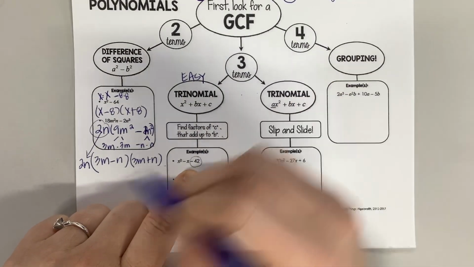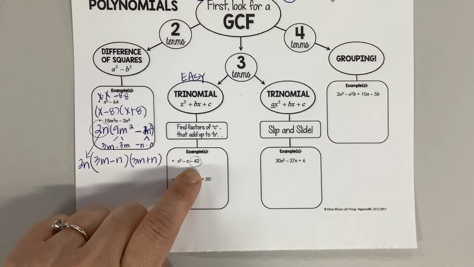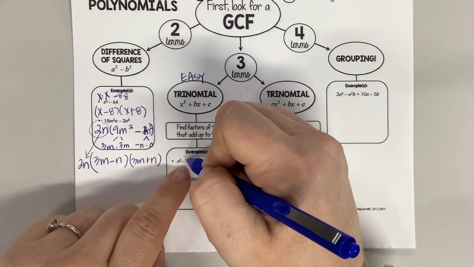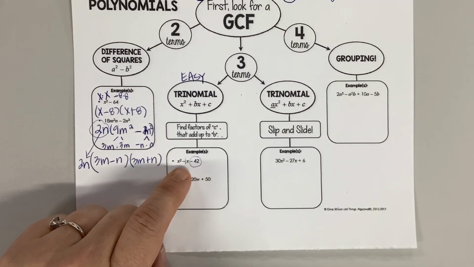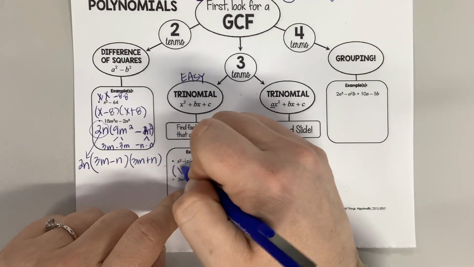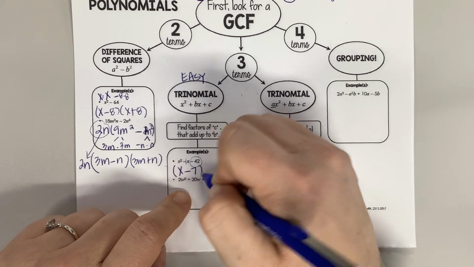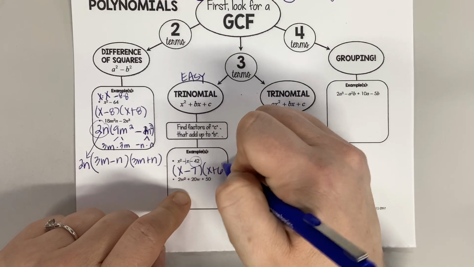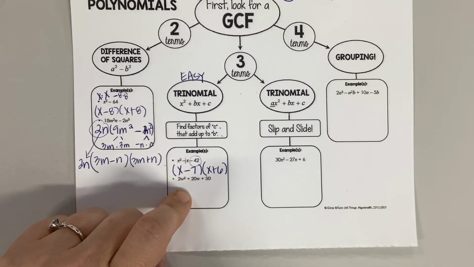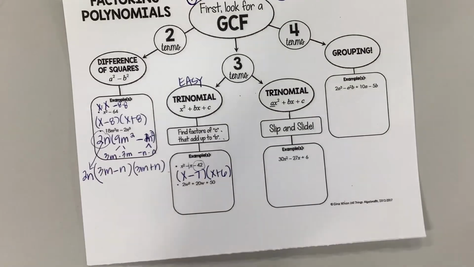Factors of negative 42 that have a sum of negative 1. X minus 7, x plus 6. Factors of C that make B.